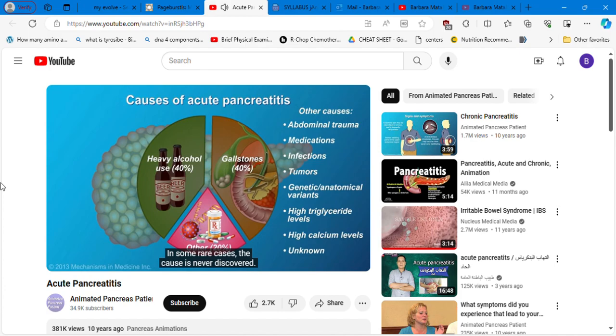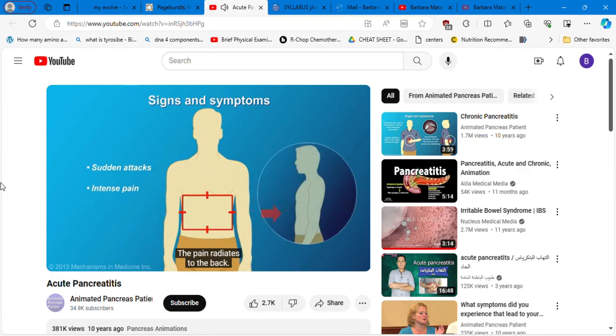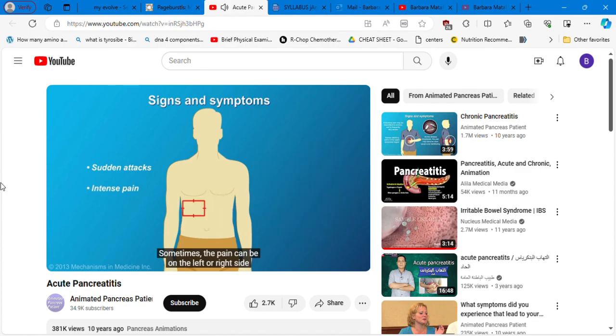In some rare cases, the cause is never discovered. Attacks of acute pancreatitis are usually sudden and characterized by intense pain in the center of the upper abdomen, between the belly button and the chest. The pain radiates to the back. Sometimes the pain can be on the left or right side, or even lower down in the belly. Most people also have nausea and vomiting, and in some cases, fever.